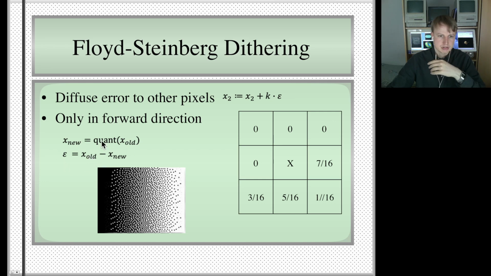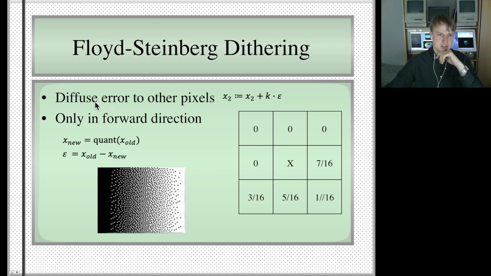So we do the quantization of some pixel. We get the new value, which is 0 or 255, although we can do this quantization in different scales, so it can be maybe 8-bit color or something like that. But we do this quantization and we get the new value, and we get the error between this old value and the new value. And we will distribute this error to all the surrounding pixels.